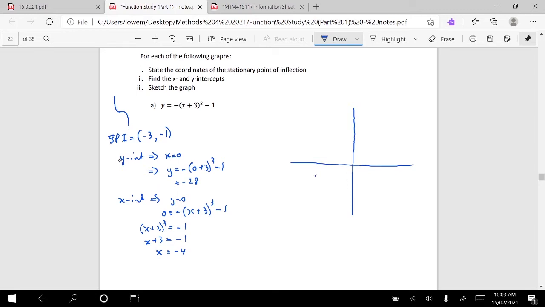We know it's shaped like this, so we can come down like that, and we'll go down a long way here just to highlight our y-intercept at negative 28. That x-intercept there is negative 4, and our stationary point of inflection is at negative 3, negative 1.